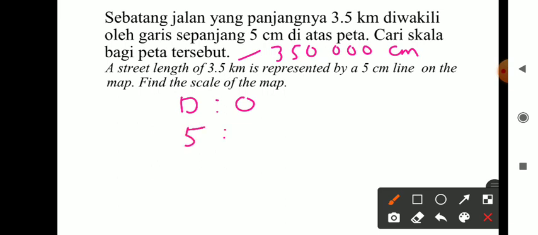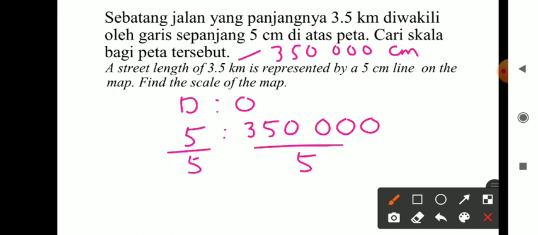Your drawing is 5 cm. So the street is very long, 350,000. So how to change it to scale? Remember, this is 5 bahagi 5 lah, dan ini pun bahagi 5. Guna calculator. 1 to, so the answer is 70,000.